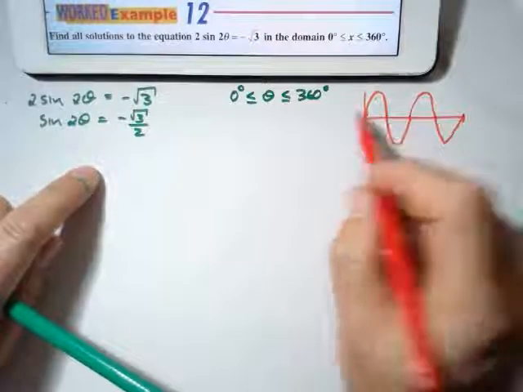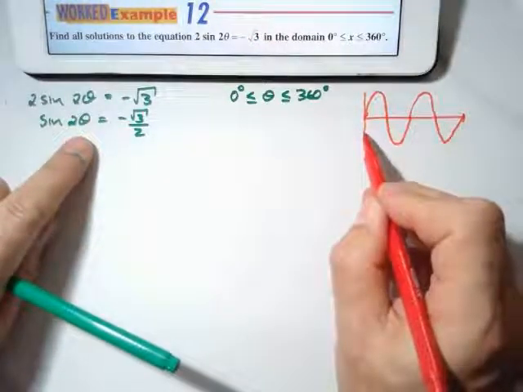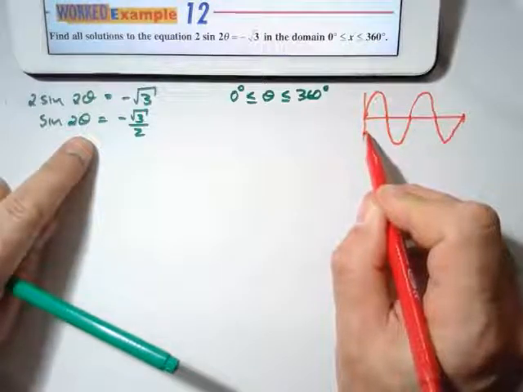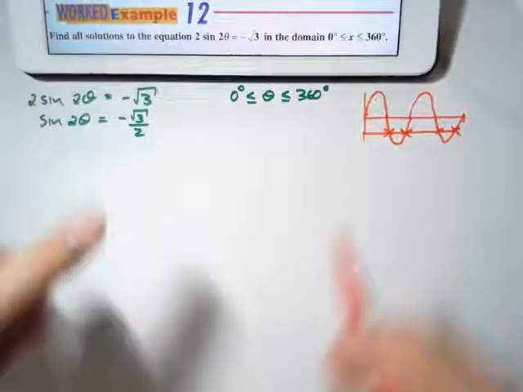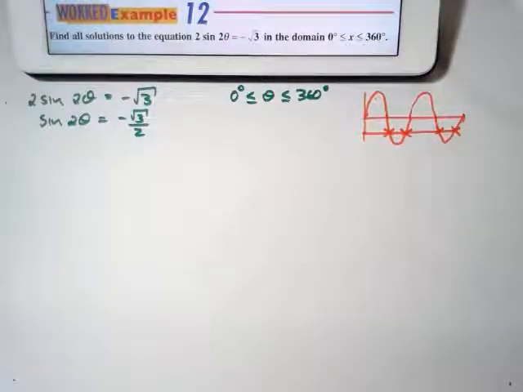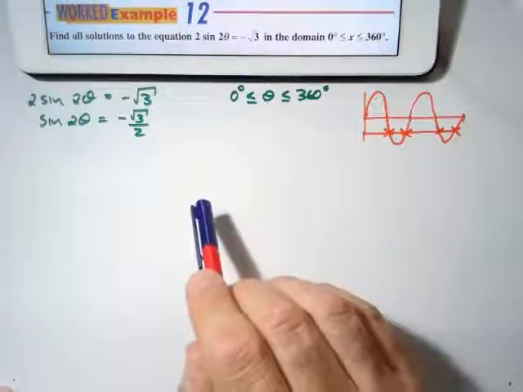At negative square root 3 over 2, which is over here somewhere, I'm going to have 1, 2, 3, 4 answers. Our problem, however, is that this is 2 theta and that is theta.